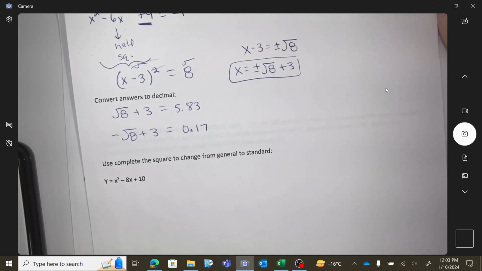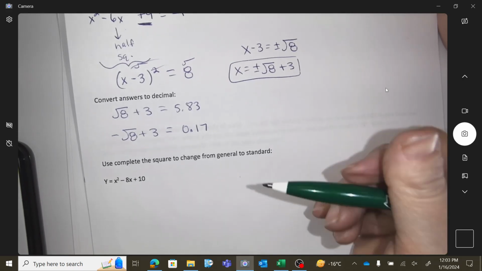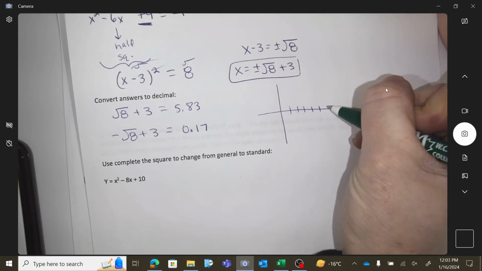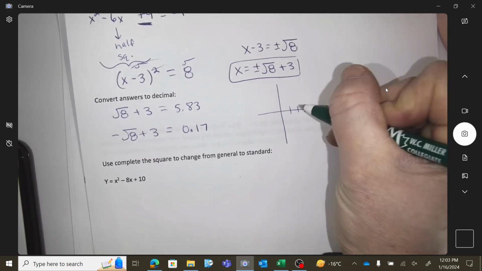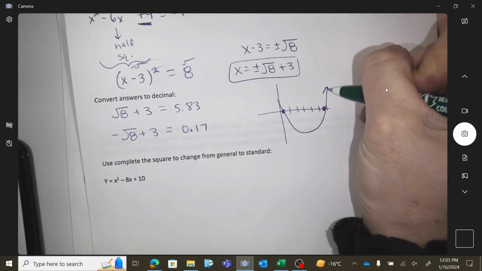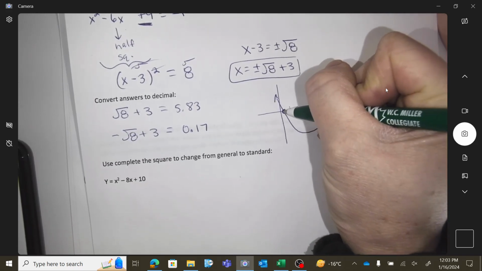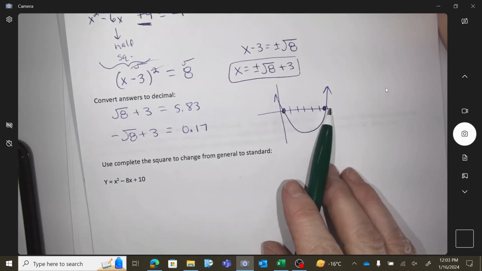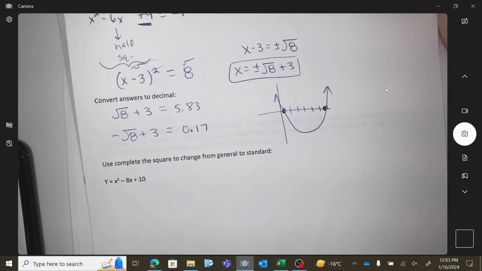What does this look like? What does this mean? Well, these are my x-intercepts of the parabola, quadratic.